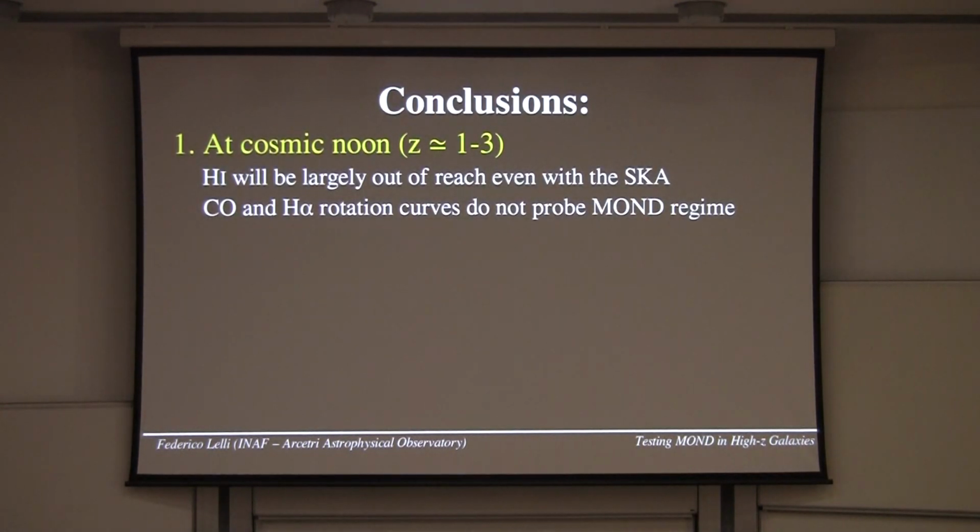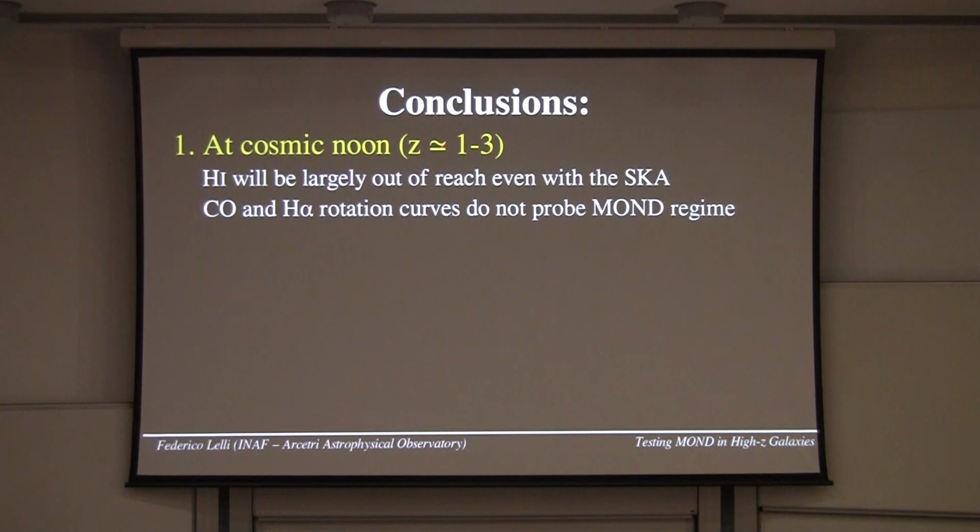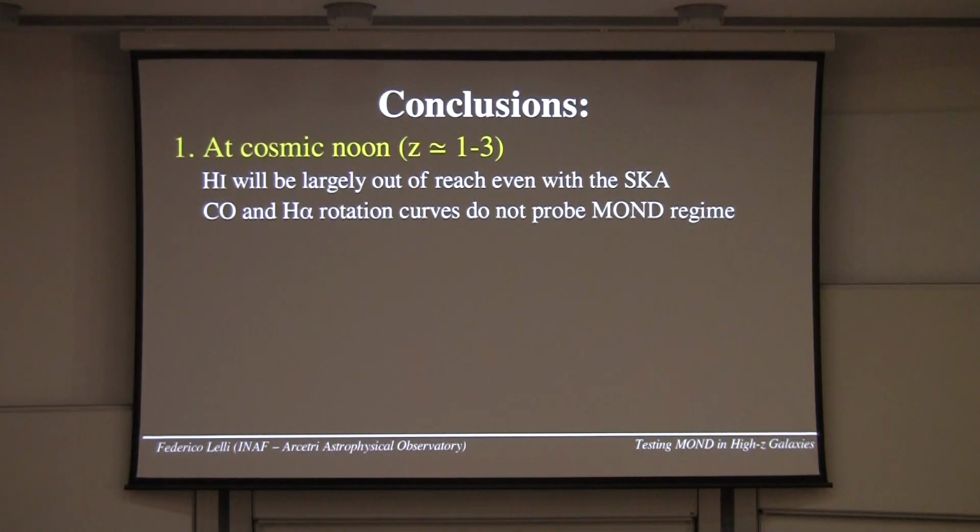So to conclude, at cosmic noon, so let's say between redshift 1 and 3, unfortunately the H1 line will be largely out of reach, even with the SKA. And the CO and the H alpha rotation curves do not probe the MOND regime, even if we push quite intensively with integration times.